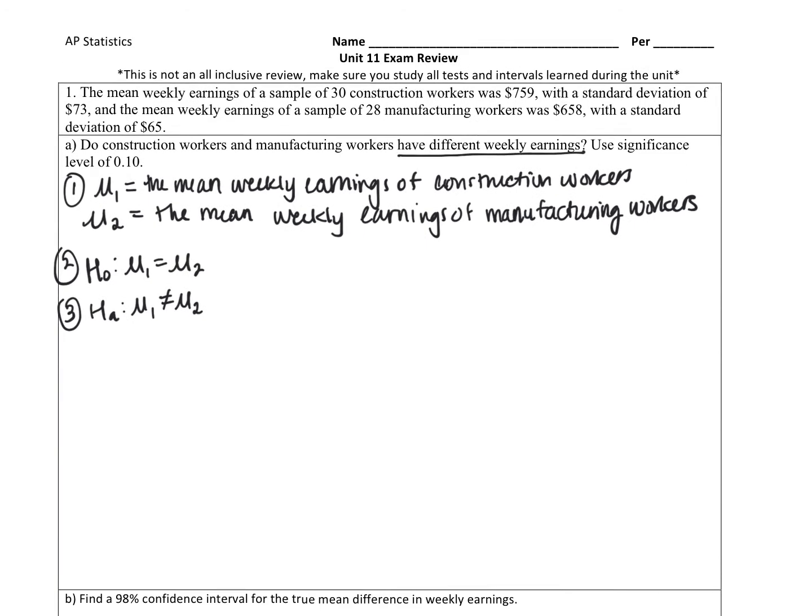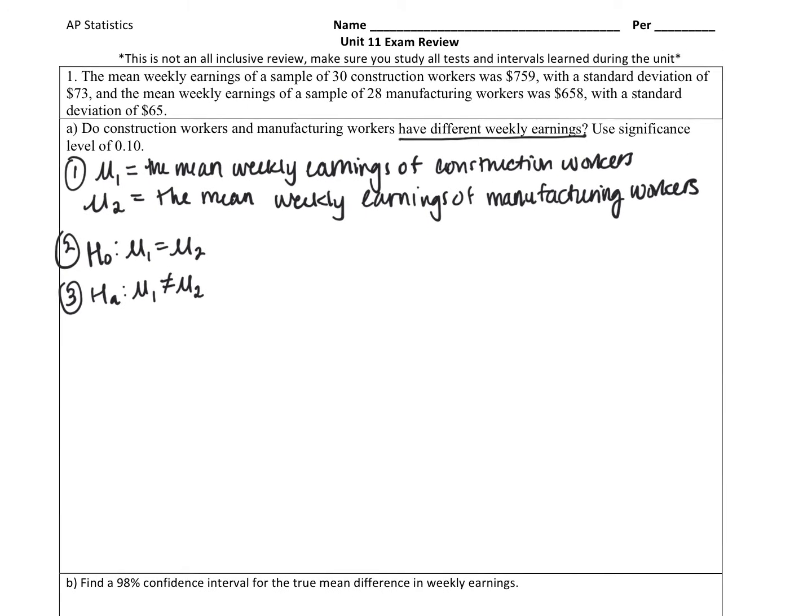All right, let's check these conditions. So in step 4, we're going to check our conditions, and we've got construction, and we've got manufacturing. Condition A is it random? And it doesn't state, so we're going to assume for both.